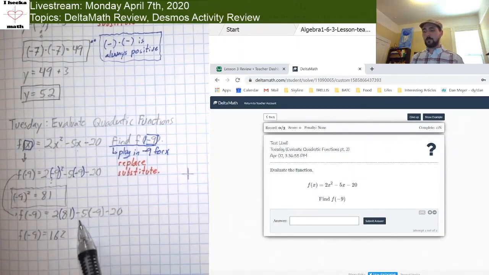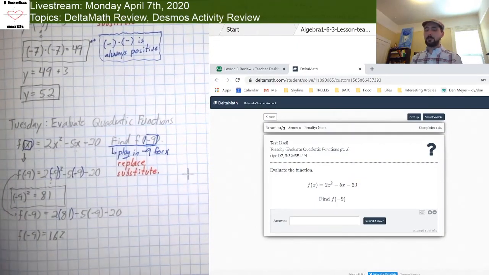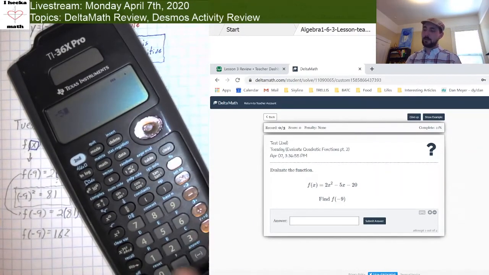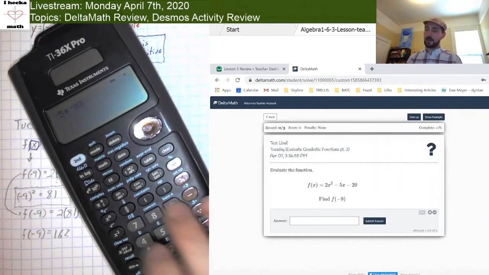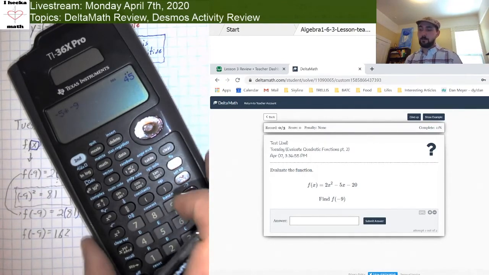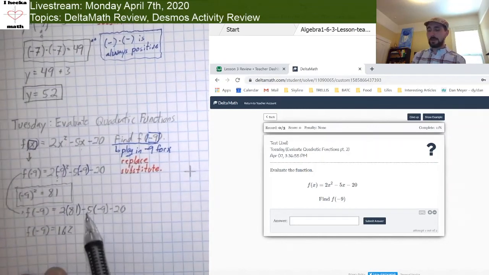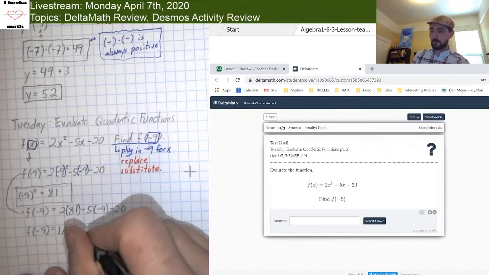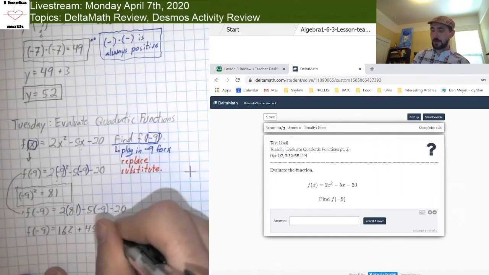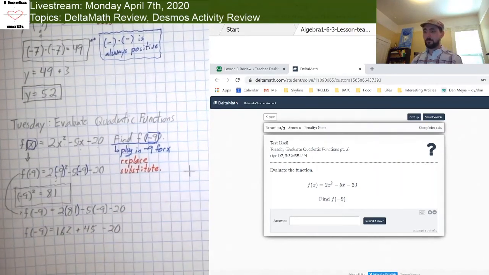And here this is minus 5 times negative 9. So on my calculator, I'm going to do negative 5 times negative 9 for a total of positive 45. So again, a negative times a negative is a positive 45, minus 20.